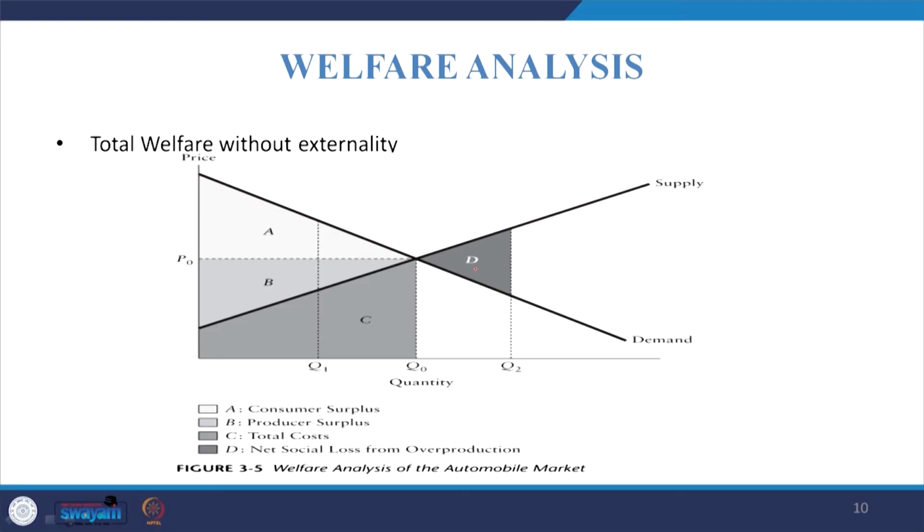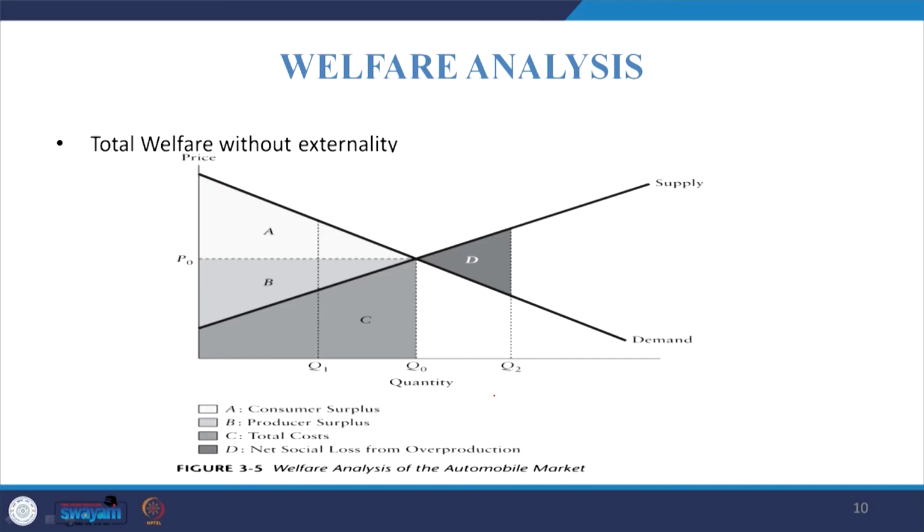So, if no externality is generated, then the supply and demand curves without externality will intersect each other at this point where equilibrium is achieved, and at this point you can see consumer surplus, producer surplus, total cost and net social loss to the society.